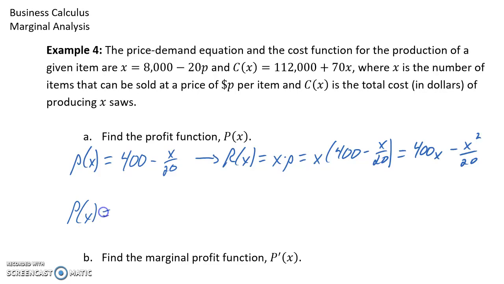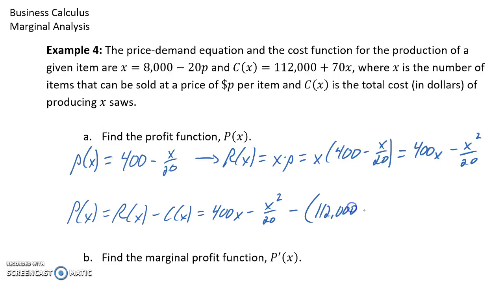The last step then will be generating our profit function, which is revenue minus cost. Making sure to put that cost function in a set of parentheses so that we know that minus gets distributed across both those terms.